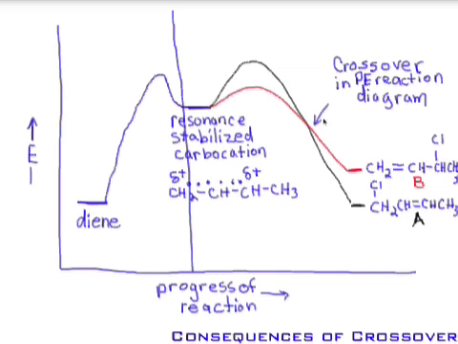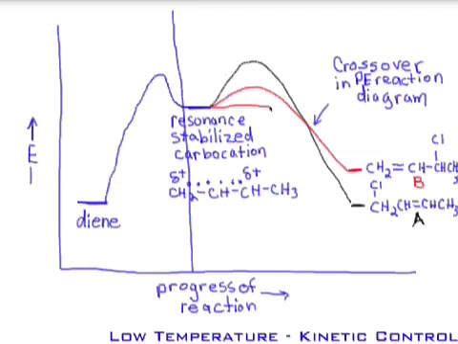Why would that be the case? Well, let's think about the red situation first. The one with the low energy of activation. Here's the energy of activation for the less stable 1,2 addition product.